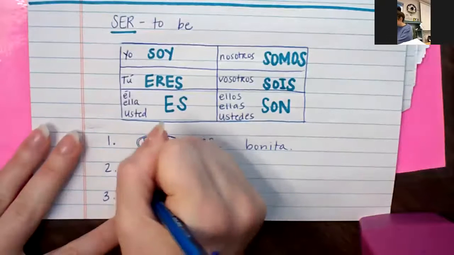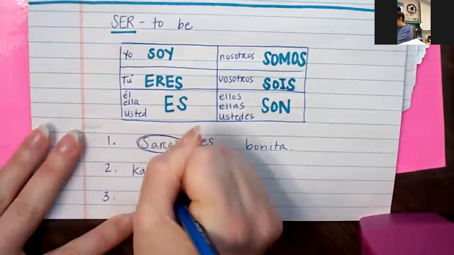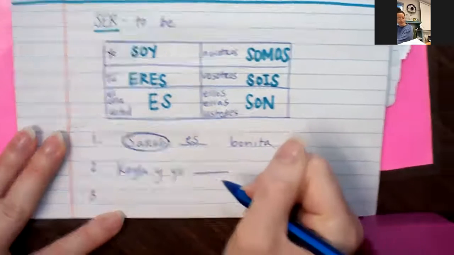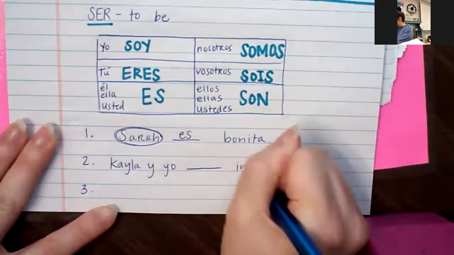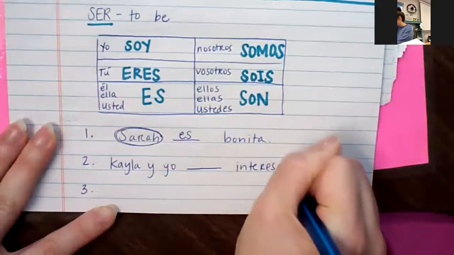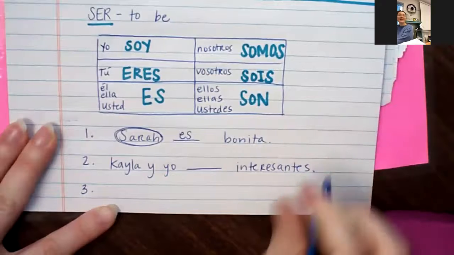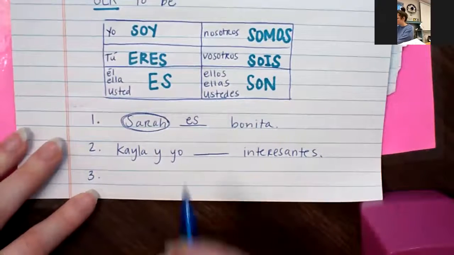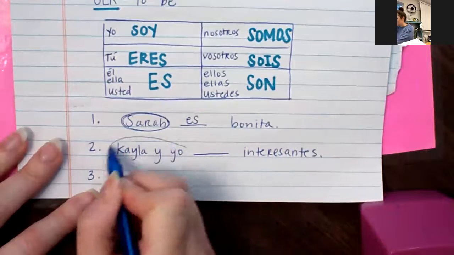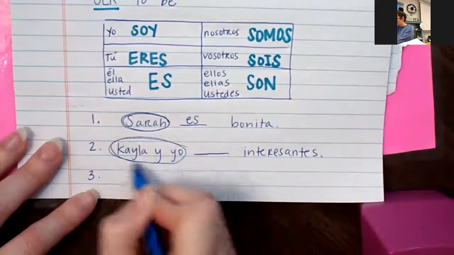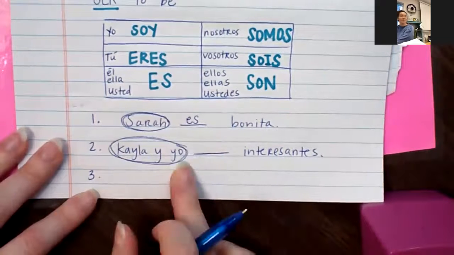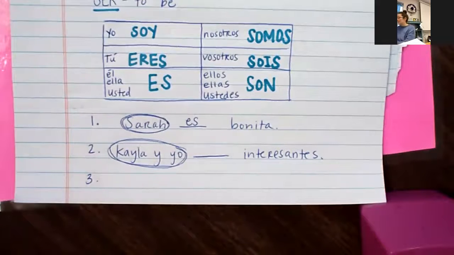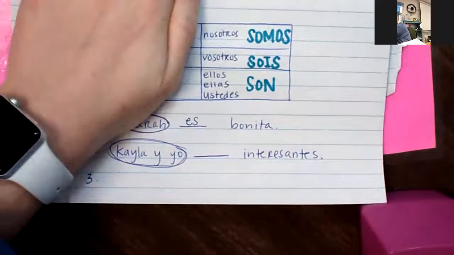Number 2, we have Kayla y yo blank interesantes. Kayla and I are interesting. So our subject is Kayla y yo, Kayla and I. So this is a plural subject.